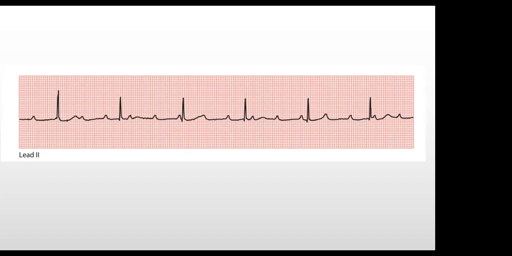And the QRS complex looks narrow. So putting this together, I would say this is a complete AV block with supraventricular escape rhythm, kind of junctional escape rhythm.